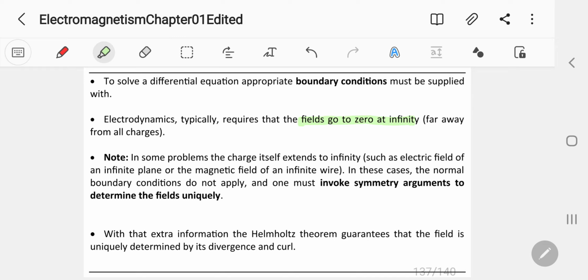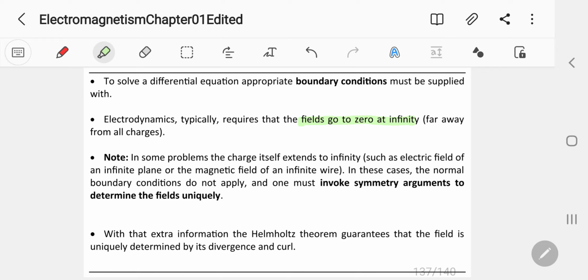And of course, for the magnetic field, if you have a moving charge at infinity, you will not feel the magnetic field, because again, it is inversely proportional to the square of the distance. So in electrodynamics, that's true, and we always require that boundary condition, especially when we solve Laplace's equation later on in the following chapters.